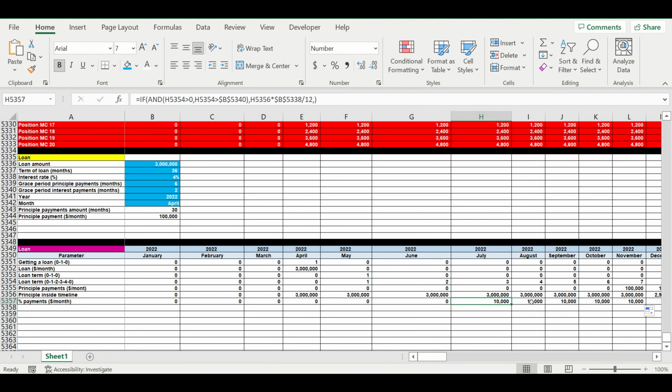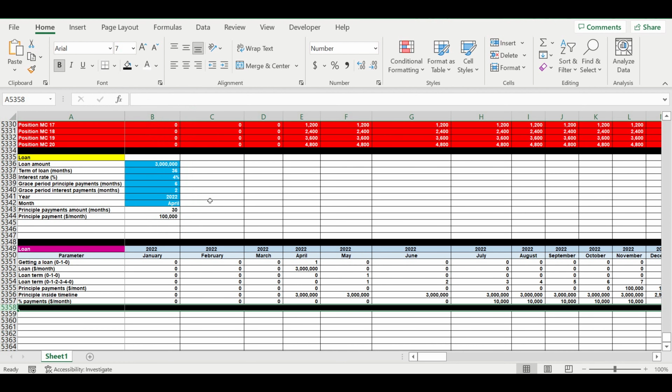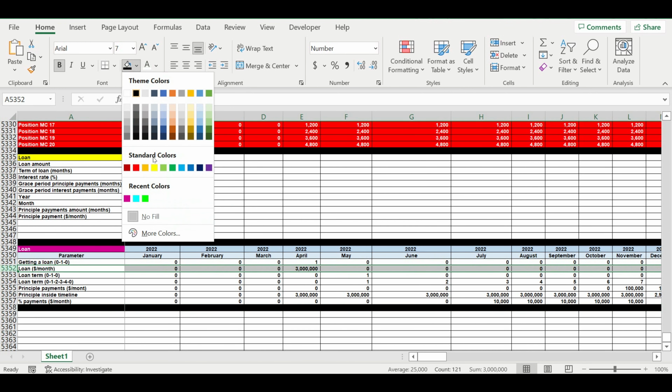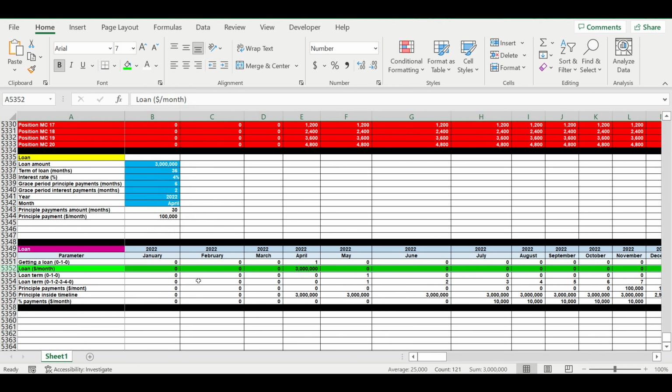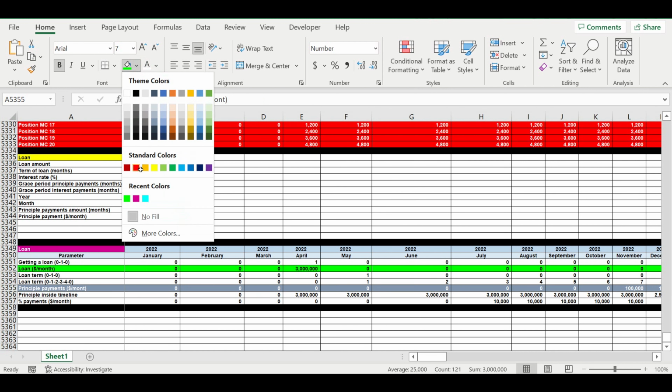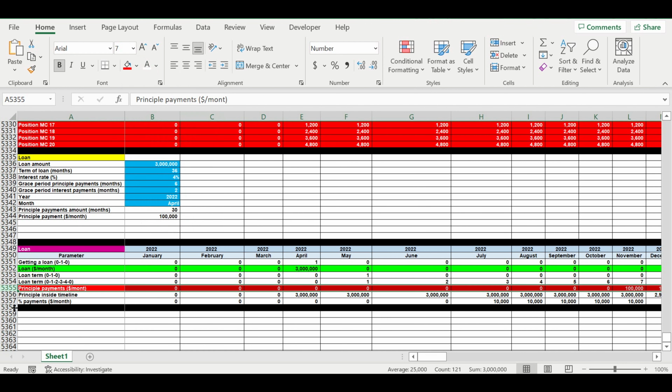So here are the payments of principal, here are the payments of interest, so getting the loan will be green, then principal payments will be red, and interest payments will also be red.